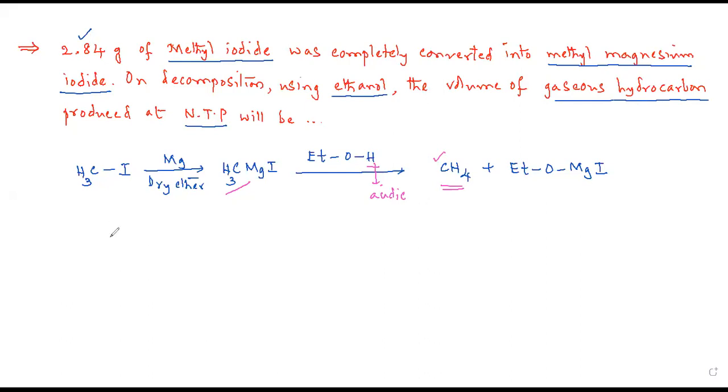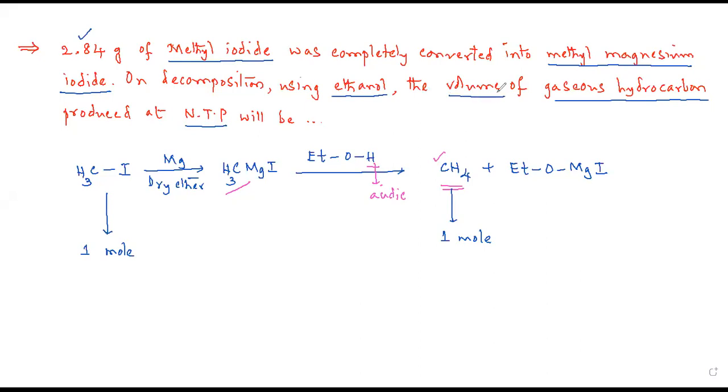Now, because the weight of methyl iodide is given, consider this and take the weight of that. But before that, let us consider the number of moles. Equations are all balanced. Let me go for methane. Of course, in this case, they have asked volume.